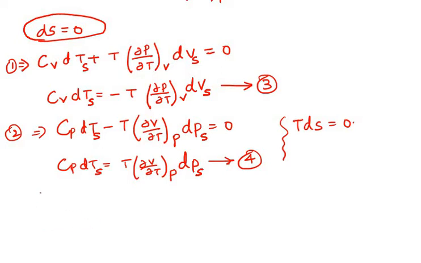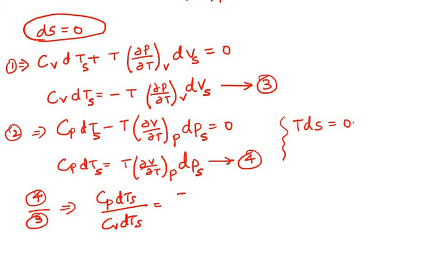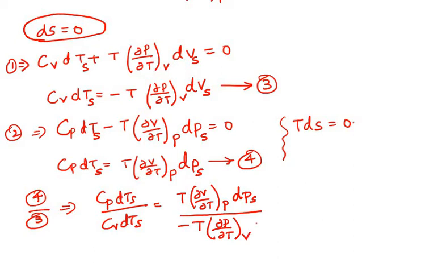Now equation 4 divided by 3, that is Cp dT_S divided by Cv dT_S is equal to T into dou V by dou T at constant pressure into dP_S divided by minus T into dou P by dou T at constant volume into dV_S.